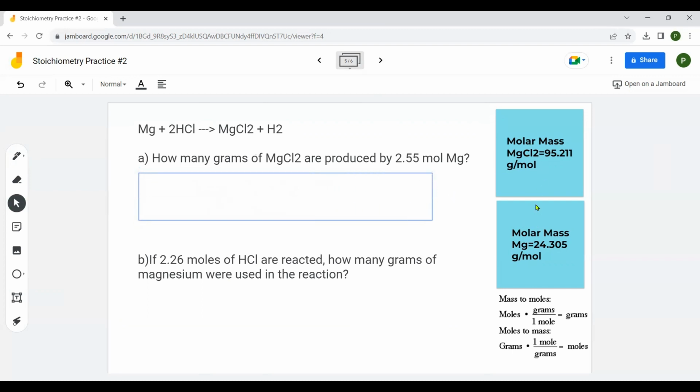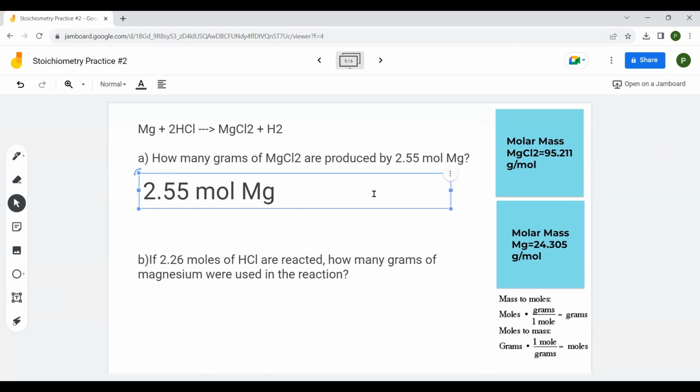Also, you'll note on this one that I went ahead and calculated molar mass ahead of time as well. So we have 2.55 mole of magnesium. We want to know how many grams of magnesium chloride are being made.